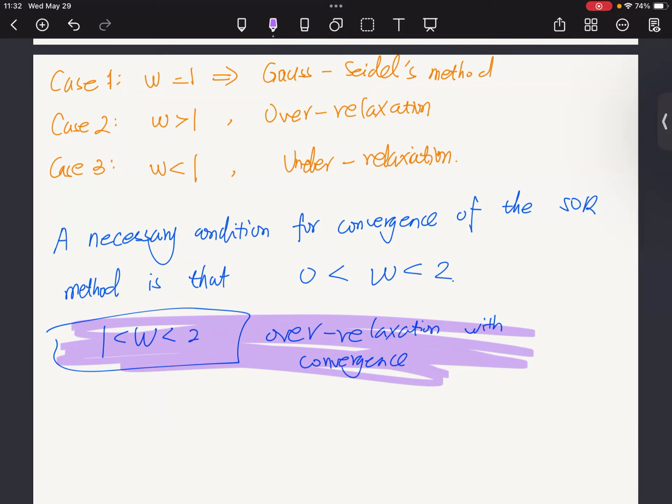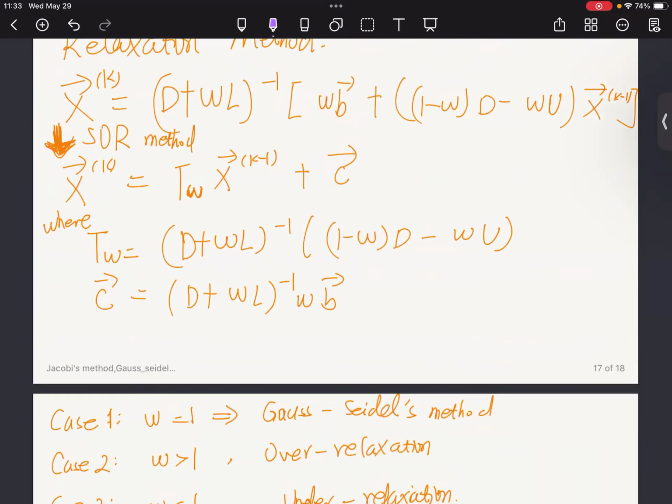Okay, the next part is to write down the component-wise form. This is the matrix part. It looks like this, and actually you have a component-wise expression for the updating rule.